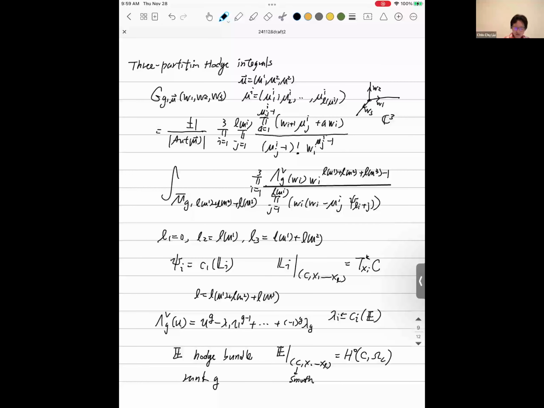Basically this Gromov-Witten vertex after localization is just a generating function of three partition Hodge integrals. So the equality of the Gromov-Witten vertex and DT vertex is some formula for such Hodge integrals.